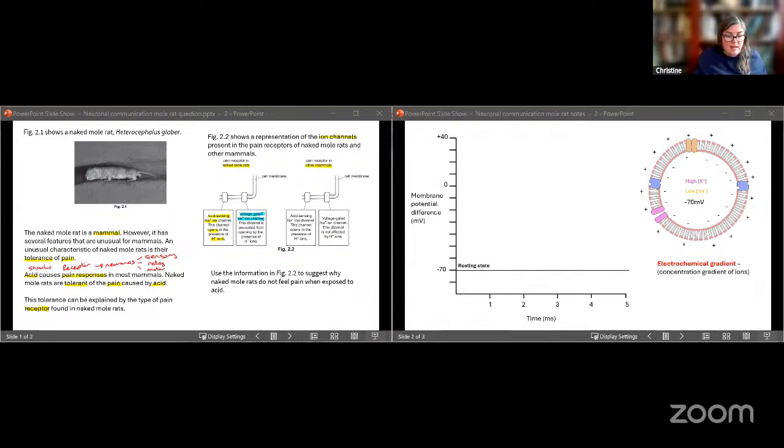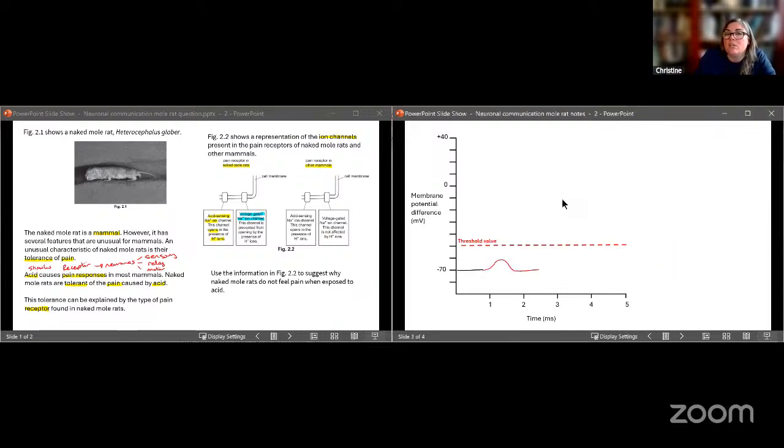So we get a movement of the ions either in or out if the channel is open, but if the channel is not open, then there is no movement. Therefore, if we open some channels, we can move away from that resting potential. But if we don't reach the threshold value, then these sodium ion channels are not going to open.